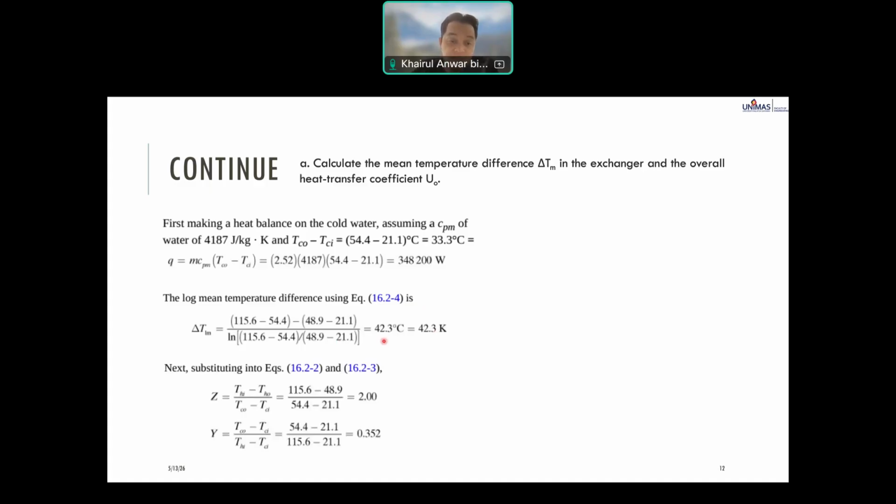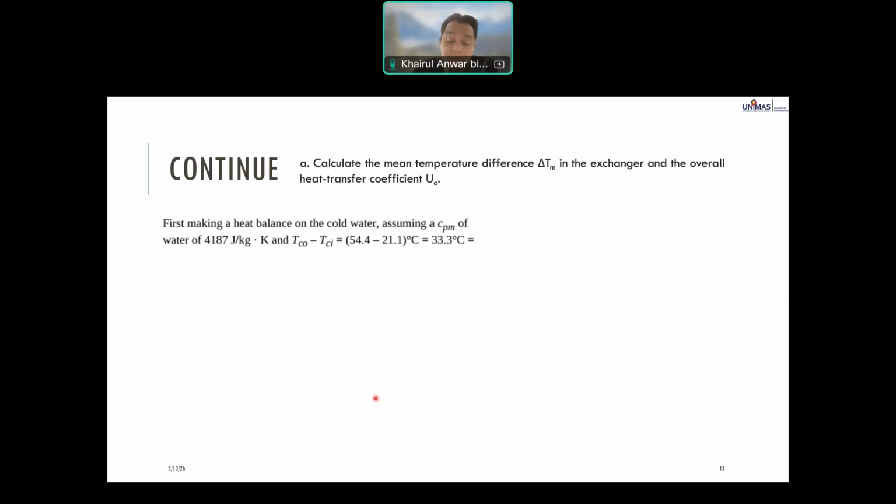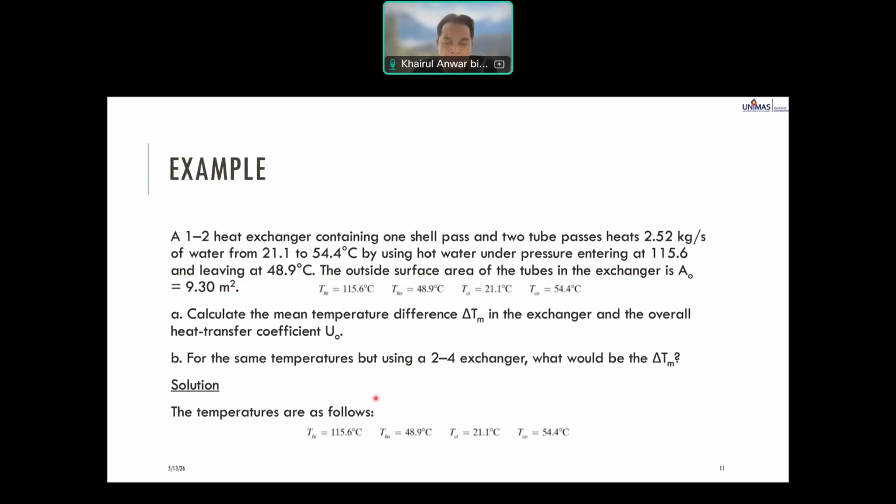Next, substituting into equations 16.2-2 and 16.2-3. Meaning calculate the Z and Y because we need to find the correction factor. Why do we need to find the correction factor?